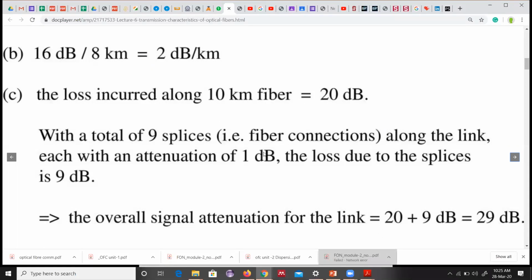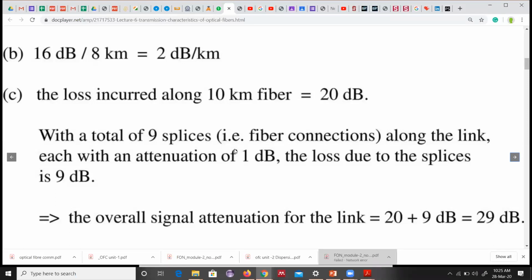So coming to the third part of the problem, if there are splices placed for every 1 kilometer, for a 10 kilometer length of the fiber we need to place 9 splices. That means from the starting point to 1 kilometer, one splice, and till the end we place splices for every 1 kilometer. So totally 9 splices can be placed for a 10 kilometer optical link.